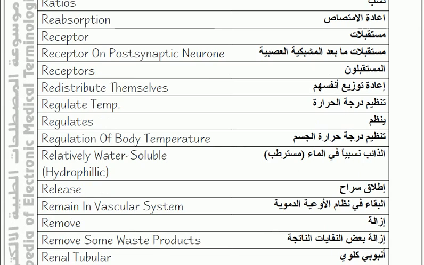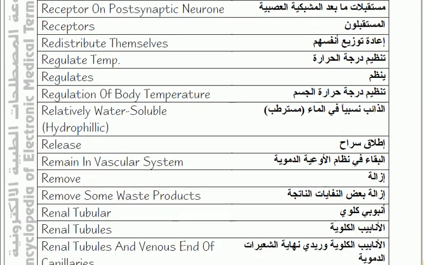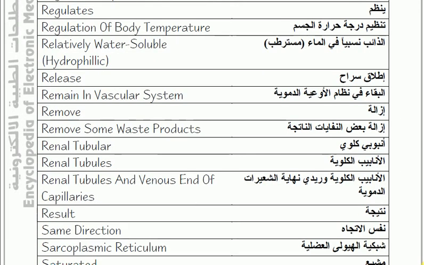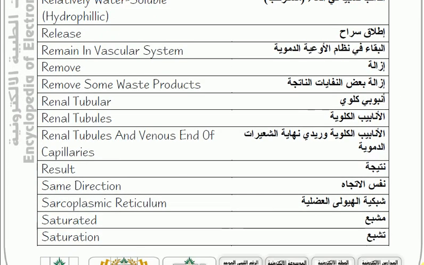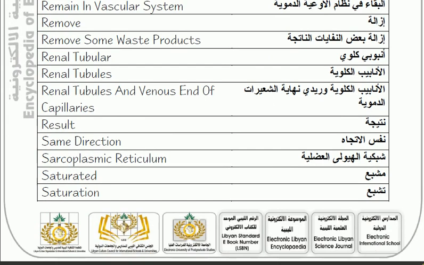Receptor on postsynaptic neuron. Receptors. Redistribute themselves. Regulate temp. Regulates. Regulation of body temperature. Relatively water-soluble, hydrophilic. Release. Remain in vascular system. Remove. Remove some waste products. Renal tubular. Renal tubules. Renal tubules and venous end of capillaries.